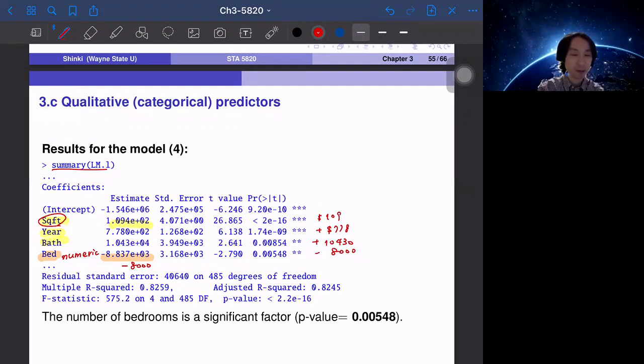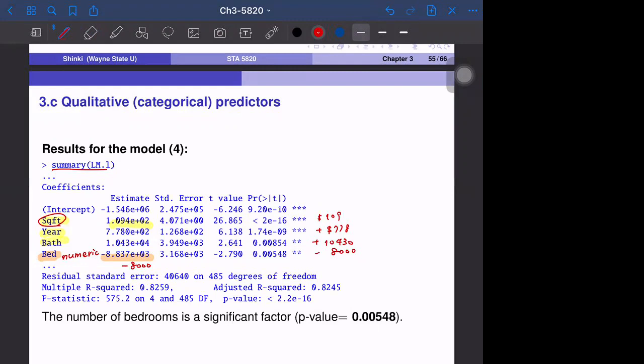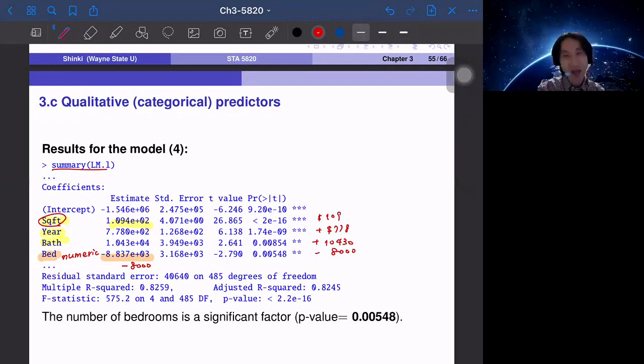Maybe 4 is too much, maybe 2 bedrooms, that's fine. If 5 bedrooms, even without the wall costs, maybe people don't like it. Yes, that's true. Then it's cheaper. That's also another reason. But the main reason is that the square footage has already been accounted for. So given the fixed space, more bedrooms means a cheaper house.